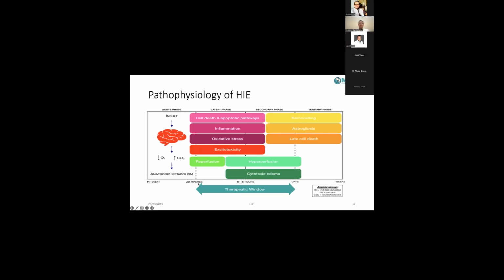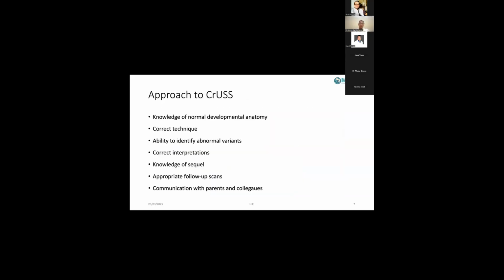And that is the therapeutic window where you do therapeutic hypothermia for these babies, to arrest the apoptosis, inflammation, oxidative stress, basically the reperfusion injury. I'll explain it when I show you the images, what we see in the cranial ultrasound in HIE.